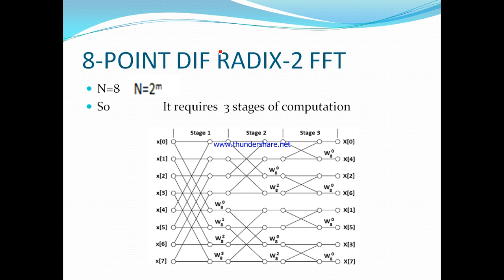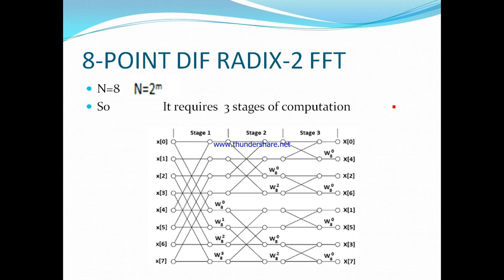In DIF Radix 2 FFT, first the N-point DFT is decimated into two N by 2 point DFTs. That means this 8-point DFT is divided into two 4-point DFTs.